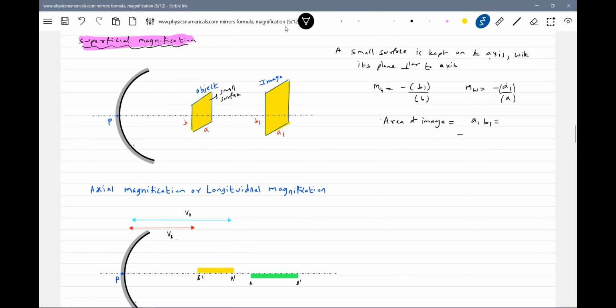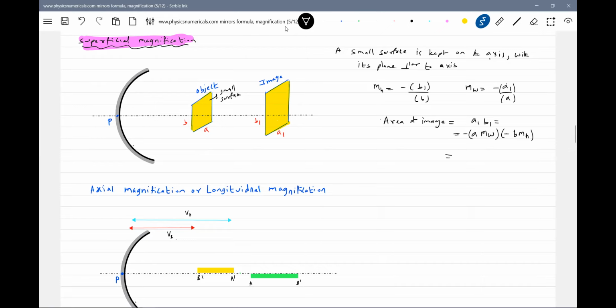So what is A1 from the diagram? A into MW. Similarly, B1 should be minus of B into MH.